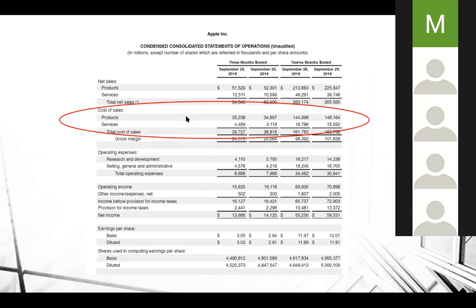Okay? So we talked about cost of sales already when we were in chapter 6 and we were talking about inventory. Right? So as inventory is being sold, we're crediting our inventory, making that asset account go down, and we're debiting this cost of sales account, which is an expense account, which makes the expense account go up.